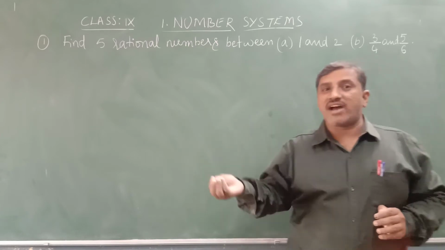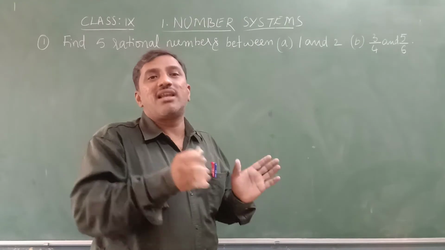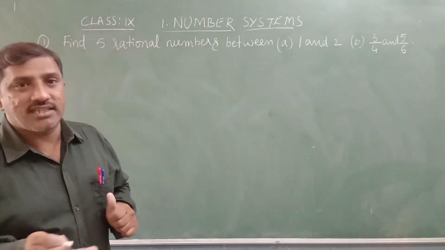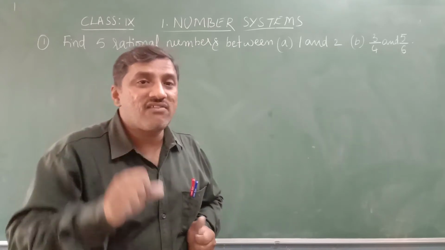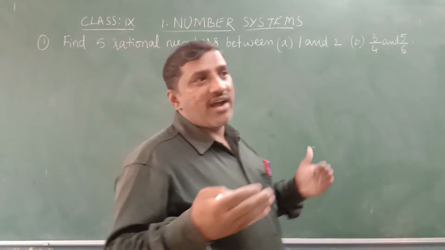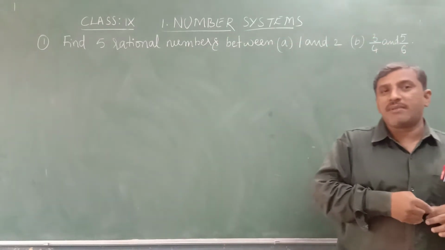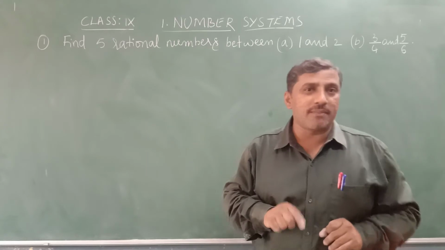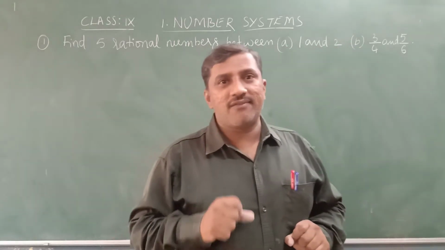If you don't find them, then multiply both like rational numbers, numerator and denominator, with one more than the required number of rational numbers. For example, if you want to find two rational numbers, multiply with 2 plus 1, that is 3.